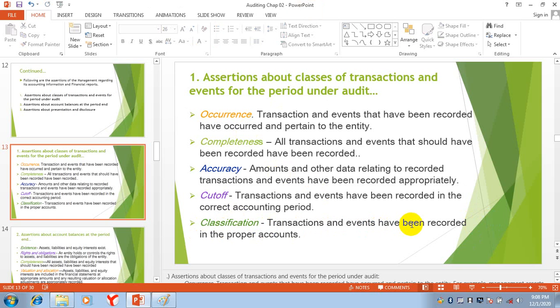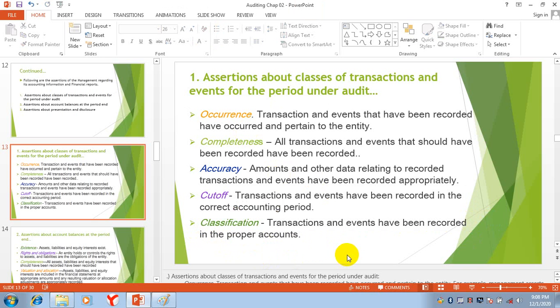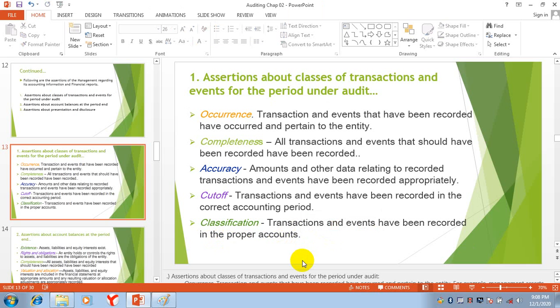Classification. Transactions and events have been recorded in proper accounts. Each and every transaction that we recorded, the amounts, each and everything, is recorded in proper accounts. Keep in mind, the distinction is made between capital expenditure and revenue expenditure.